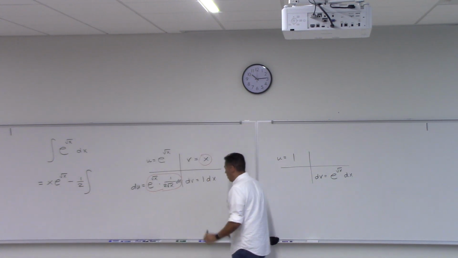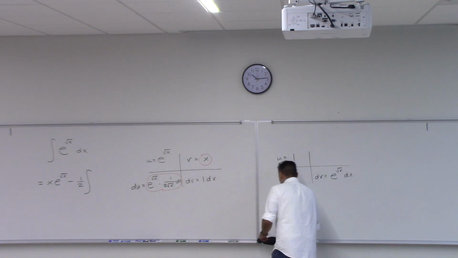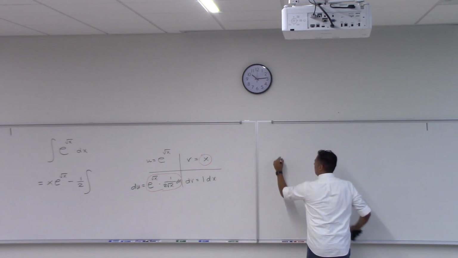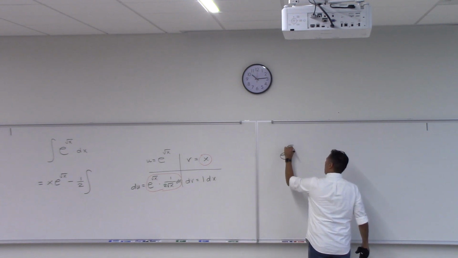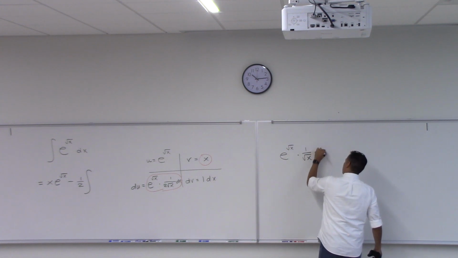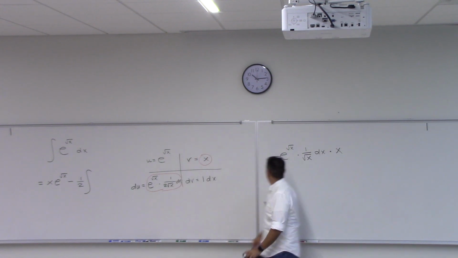And then you have to multiply those together, right? I'm going to do that on the side. Let me do some scratch work over here just to make sure we're clear on how we multiply those. I'm doing e to the root x. I already pulled the 2 out, so I have a 1 over root x times dx, and then I'm multiplying that times x, right? That's voodoo. That's this times this.